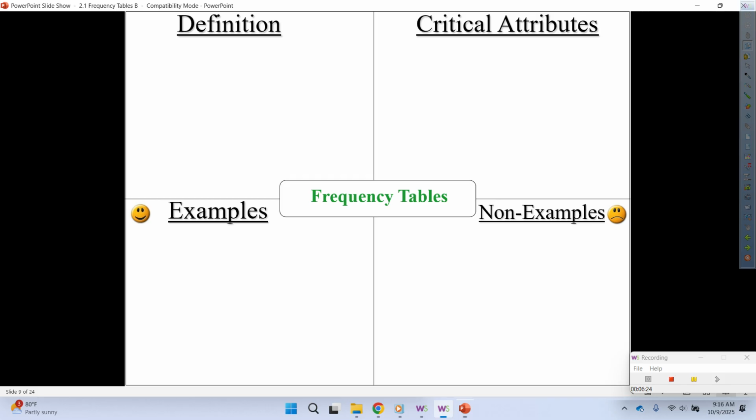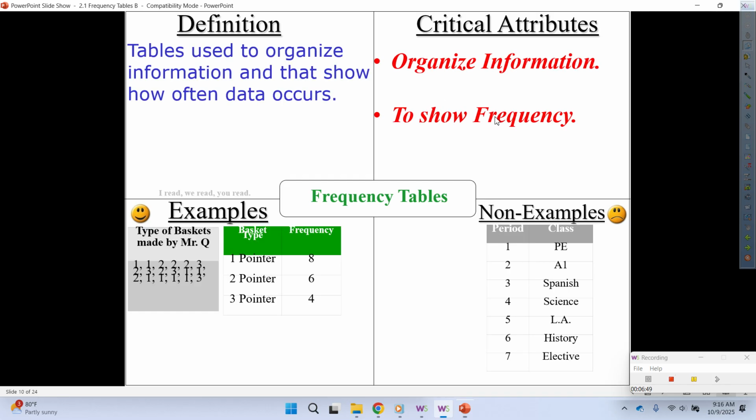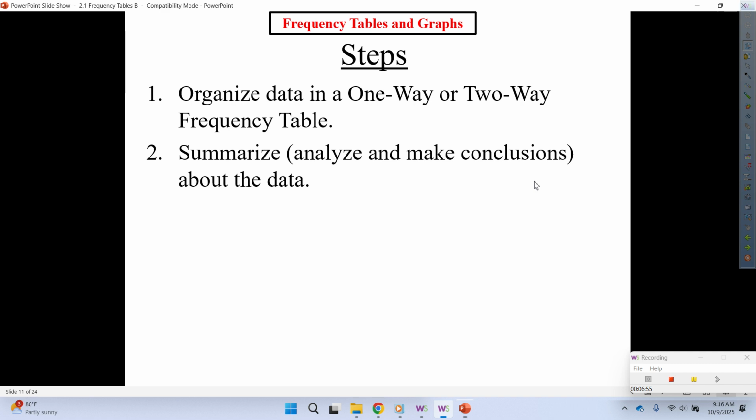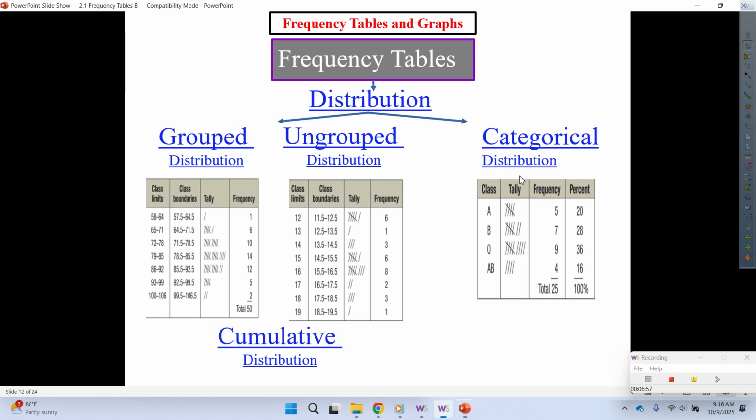The one thing a frequency table should have is frequency. That's what I call a frequency table. So we know the steps. Yesterday we looked at the different distributions. They're no longer called tables. They're called what? Distributions.